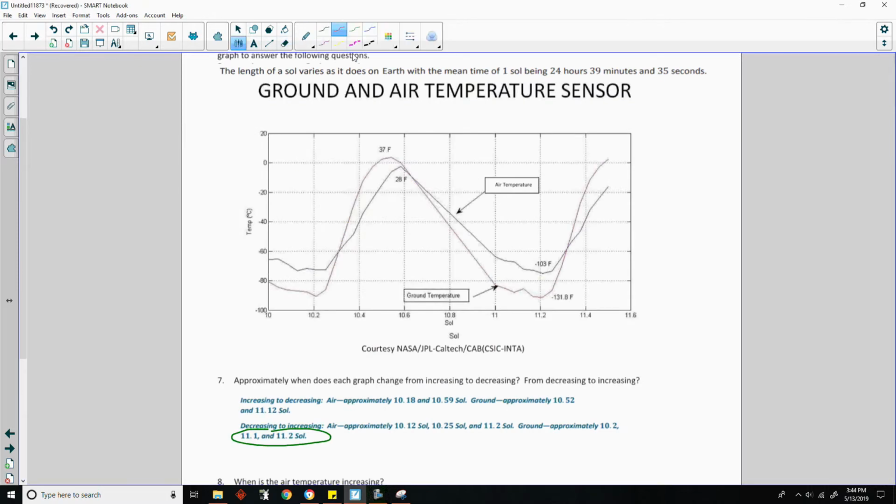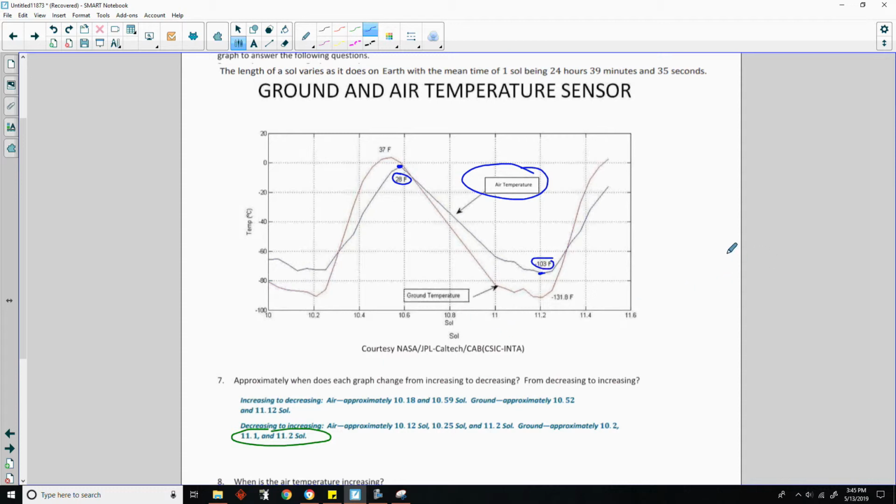So to determine air temperature change, first of all, we're talking about air temperature, the darker line here. We want to know what the high is, which is right here, 28 degrees Fahrenheit. And we want to know what the low was. And the low is right here. That is lower than these two here, and that is negative 103 degrees Fahrenheit.